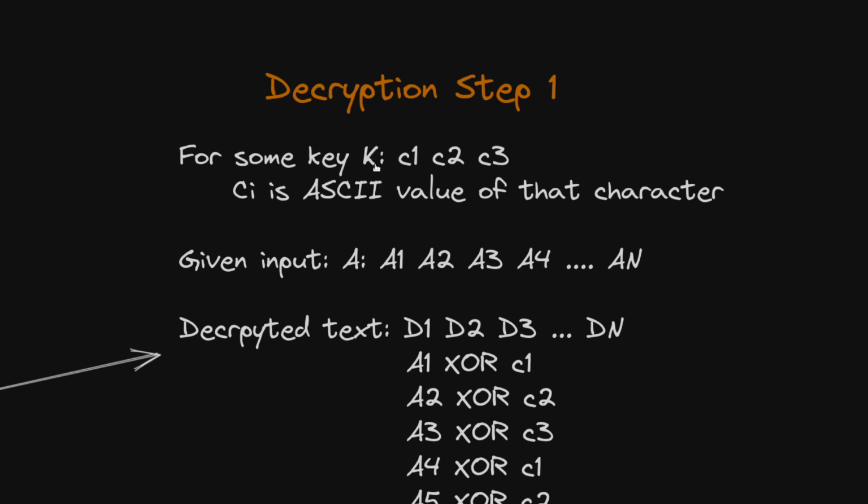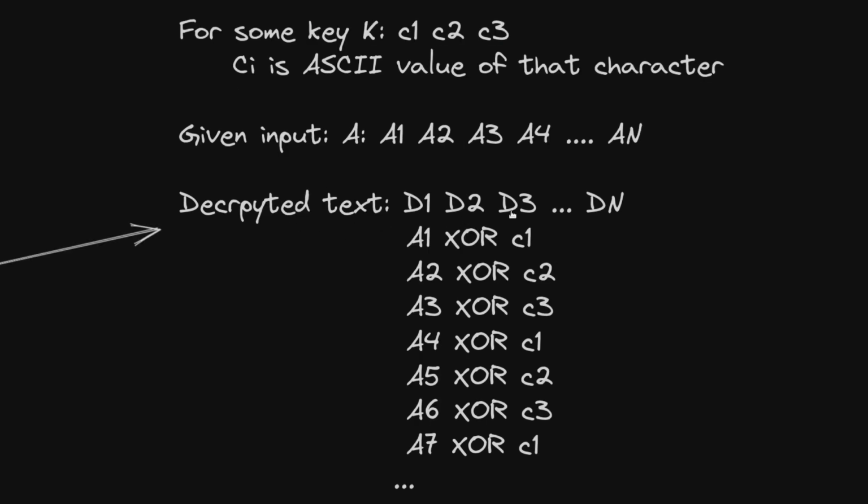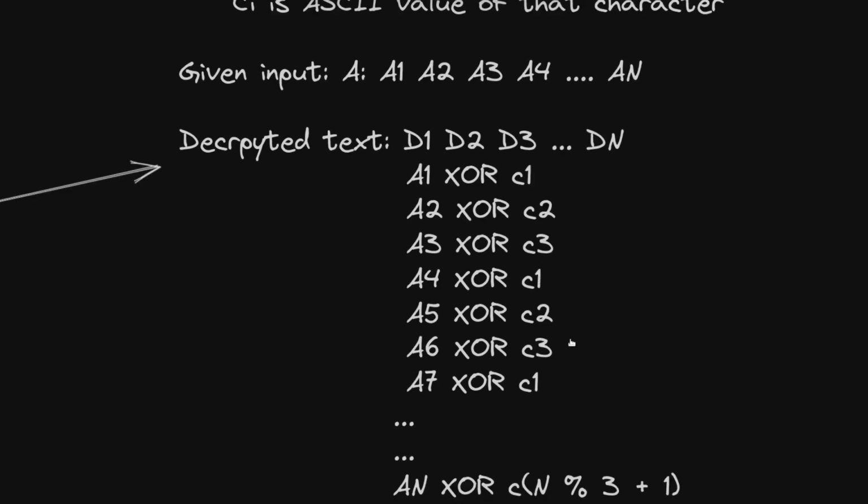Once we fix that k, then this was our input in the form of integers, the ASCII values of the original encrypted text. And after decrypting it with the XOR, we are going to cyclically perform the XOR operation. So the first 3 values will be XORed with the first 3 values of the input, then the next 3 will again be XORed with the input in cyclical format.